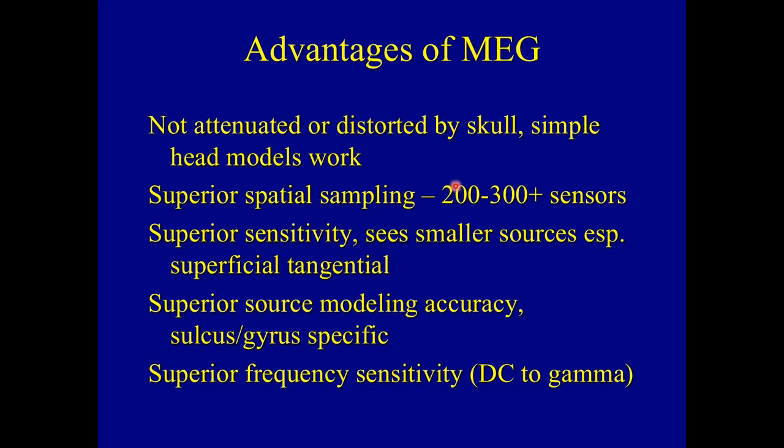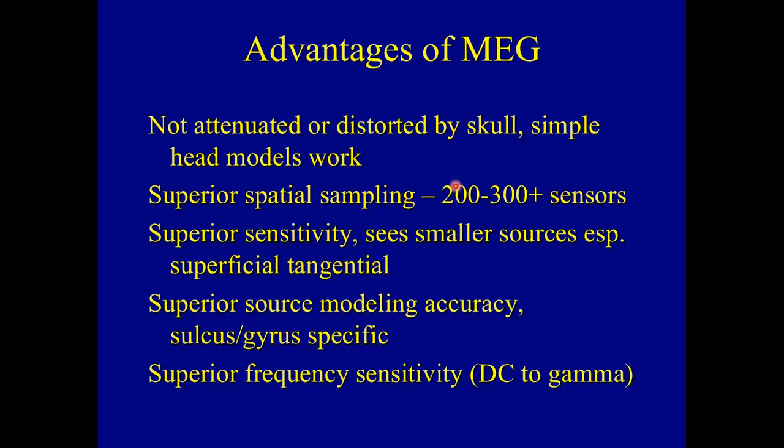The big advantages of MEG is it is not attenuated by the skull or scalp. Magnetic fields pass through the skull or scalp as though they were not there. That's the single most important advantage. In addition to that, the modern MEG systems have fantastic spatial sampling because they have 200 to 300 sensors.